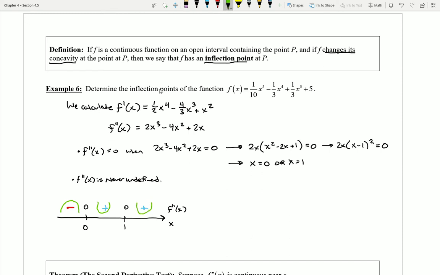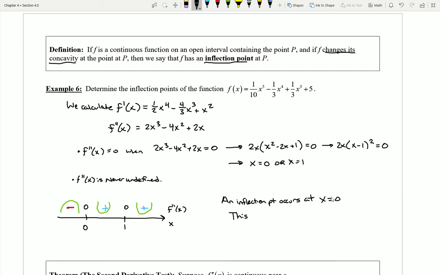So now, since the question asked, what are the inflection points of the graph, I know that inflection points only occur when my concavity changes. So I can see here that an inflection point occurs only here at x is equal to 0, because that's the only time I changed from positive to negative or negative to positive. Over here at 1, I was positive on both sides. No change occurred. So at 1, there cannot be an inflection point.